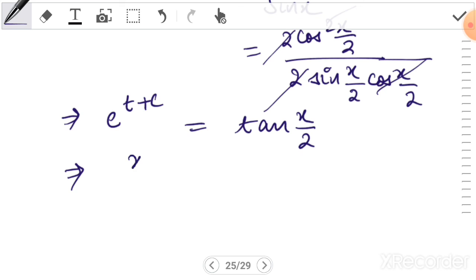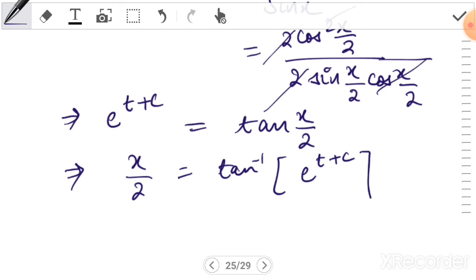Then x by 2 is equal to tan inverse e power t plus c, right?